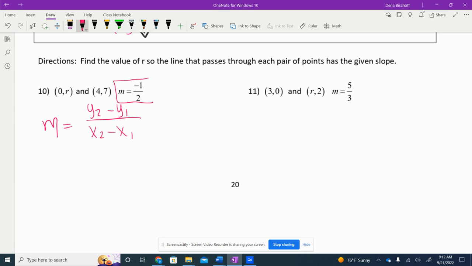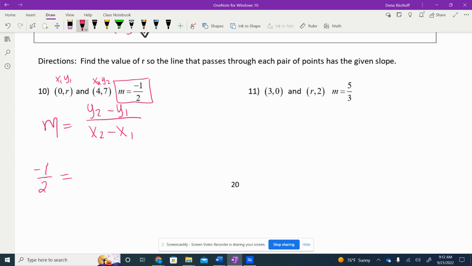So I'm given the slope right here. I know that my slope is negative 1 over 2. I don't have all of the numbers that I need, but I can plug them in and figure it out.